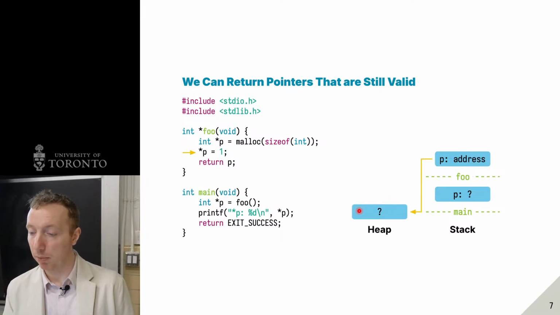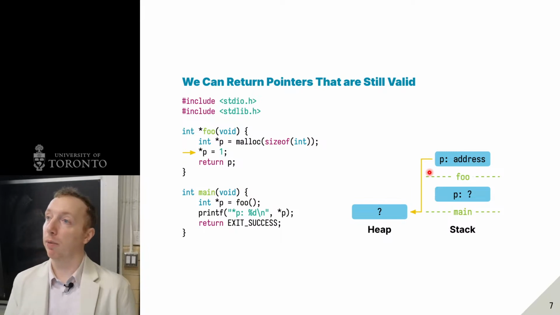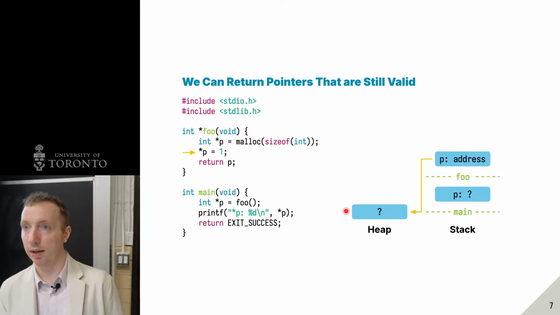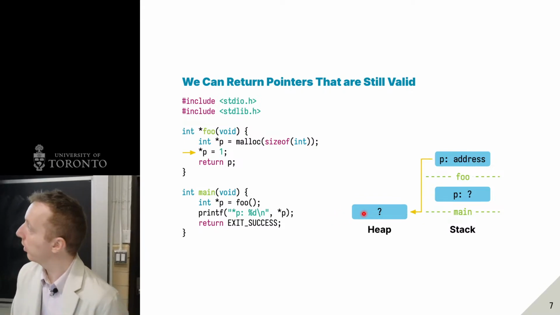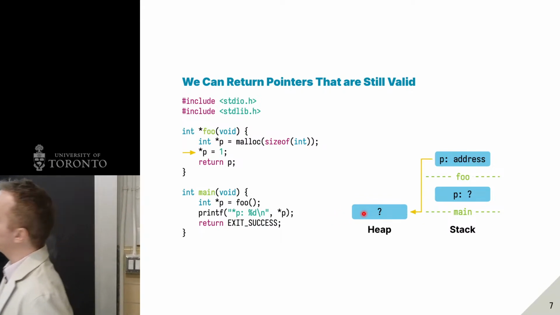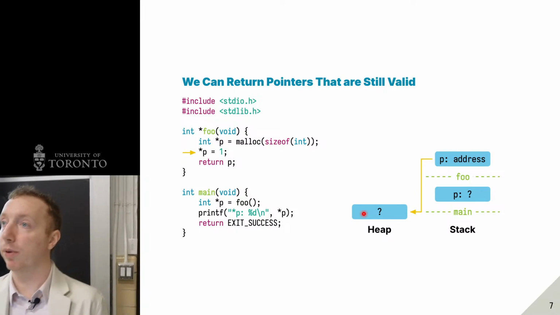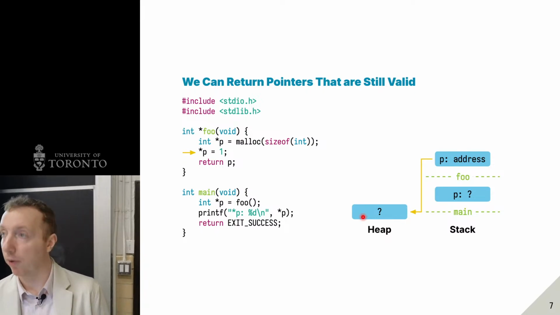It will have some undefined value, so that's why there's a question mark, and it will return an address pointing to that value on the heap. So p, again, is just an address, a pointer pointing to the heap, which has enough space to hold an integer, but it is an undefined value. We don't know what the value actually is. Everyone okay?